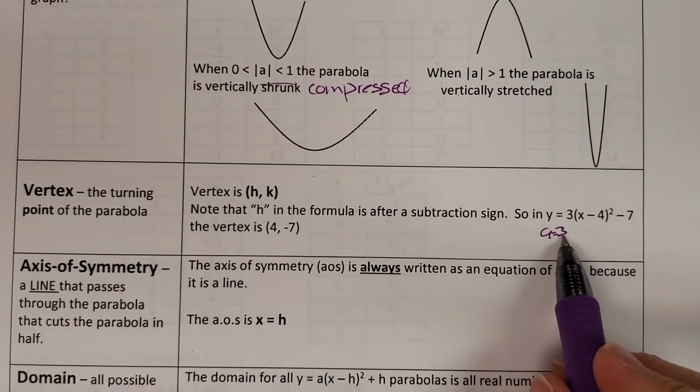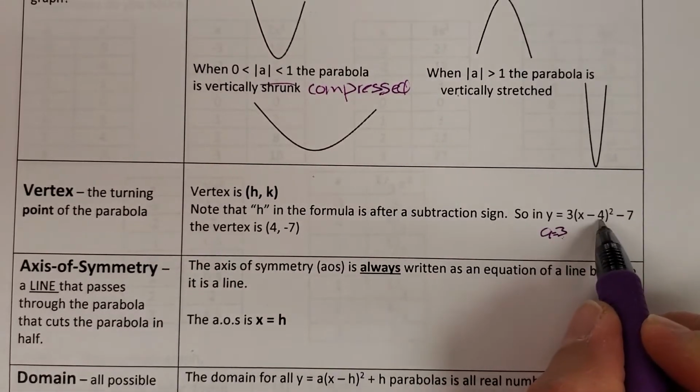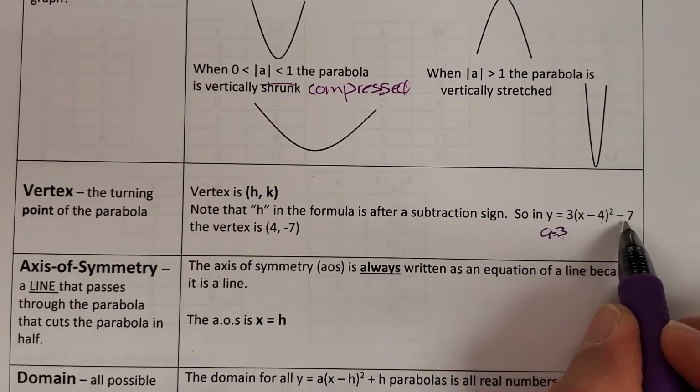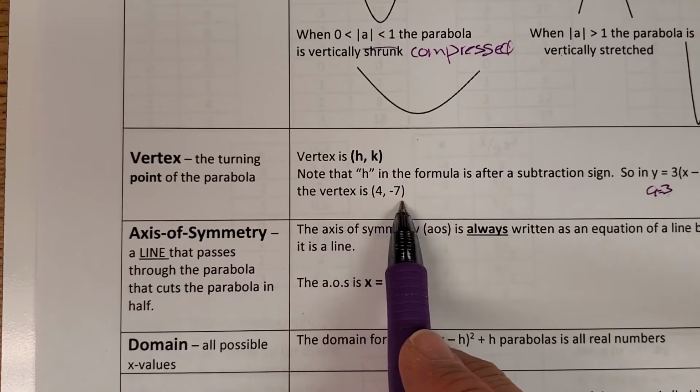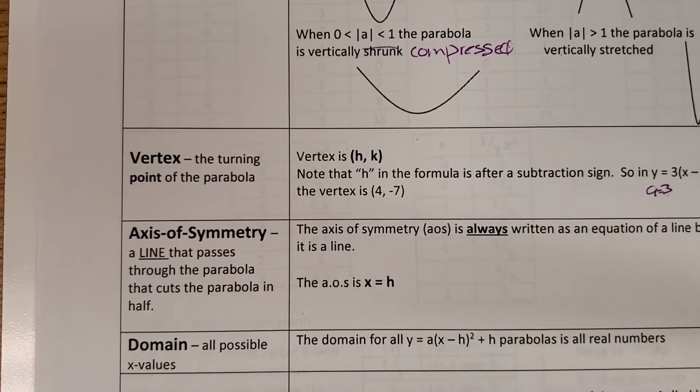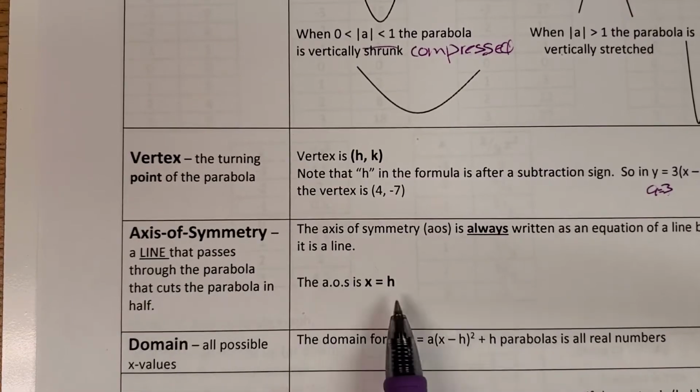It tells us that it opens up and it tells us it's vertically stretched. The vertex is H. Remember, that's minus H. So H is 4 and K is negative 7. So here we go. We have 4, negative 7 as our vertex. So you should be able to look at an equation in vertex form and see the vertex. That's why we call it vertex form, because you can see the vertex.